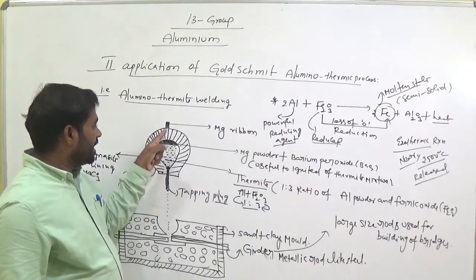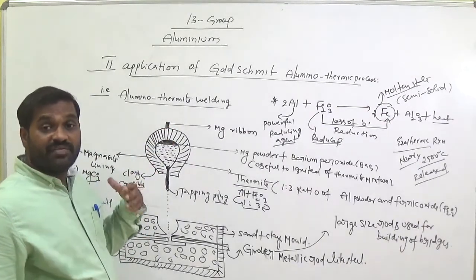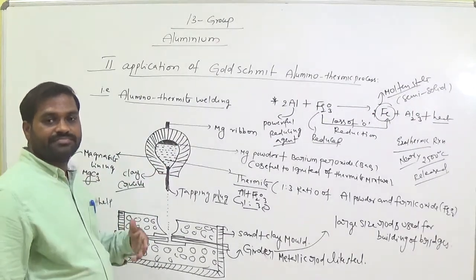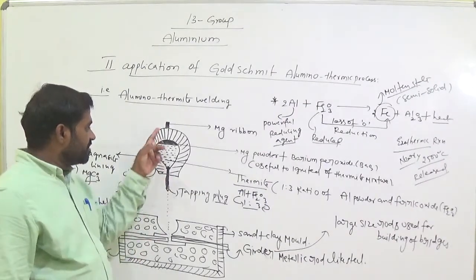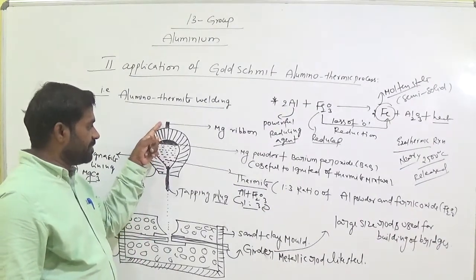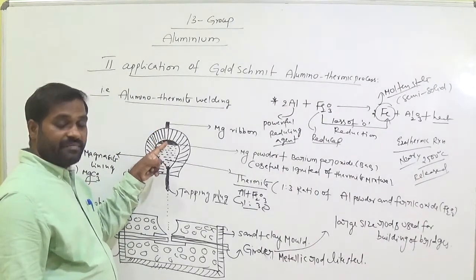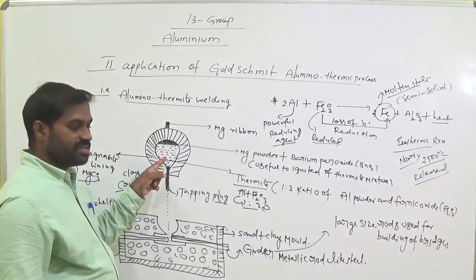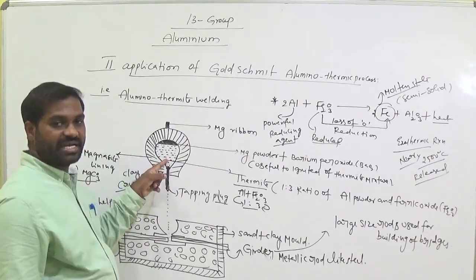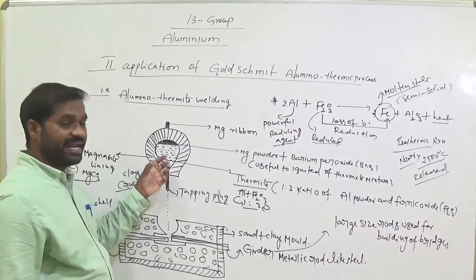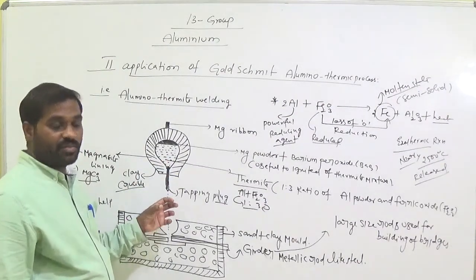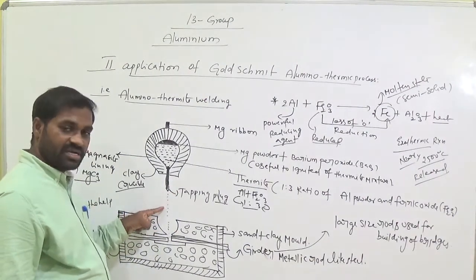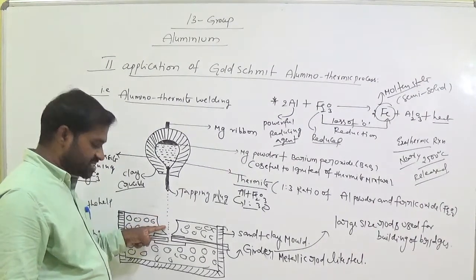By the help of this magnesium ribbon, like in Diwali crackers, when we burn it, it burns with a crackling sound. When we burn this magnesium ribbon, it ignites the magnesium and BaO2 mixture, which ignites the thermite mixture and produces a high temperature of 2500 degrees Celsius. Then the iron is in molten state and comes down dropwise into this chamber.